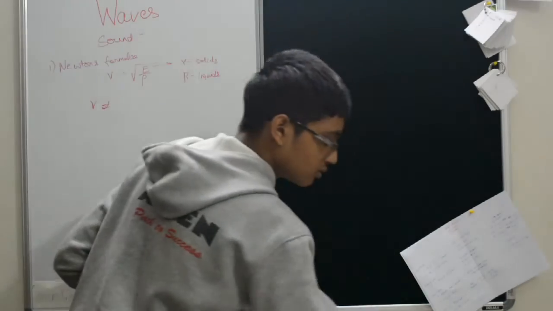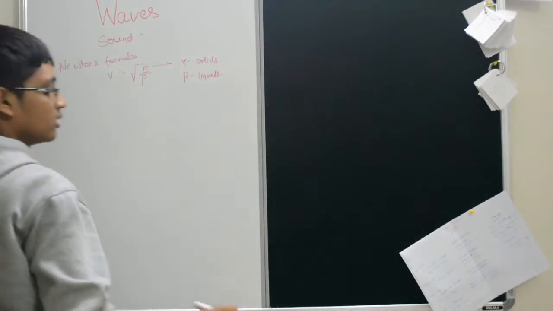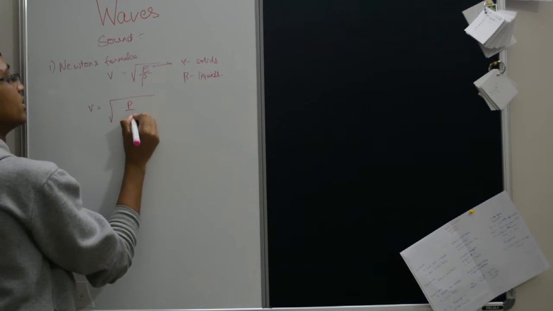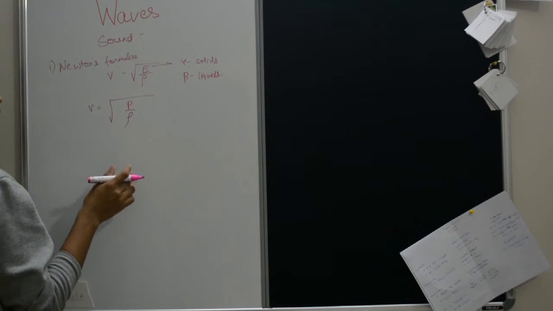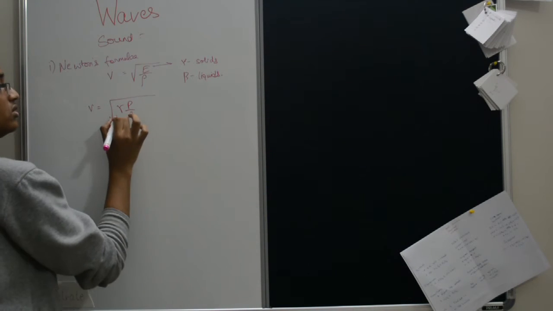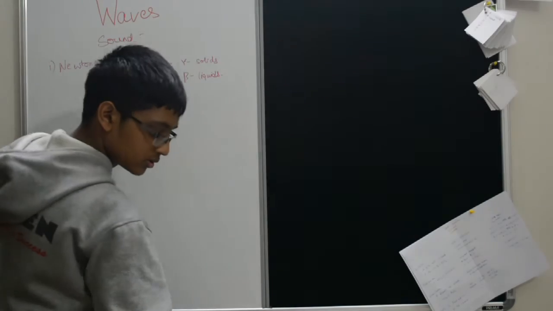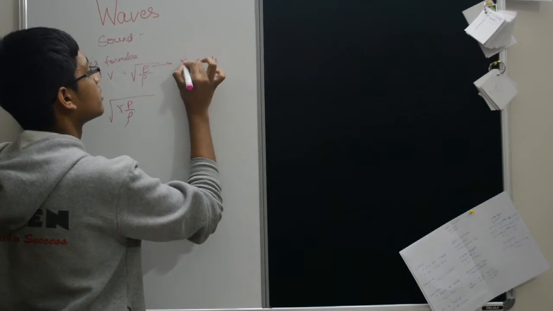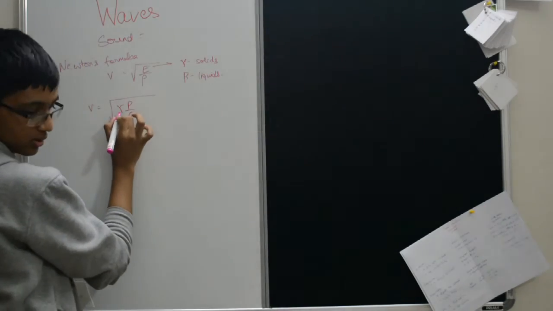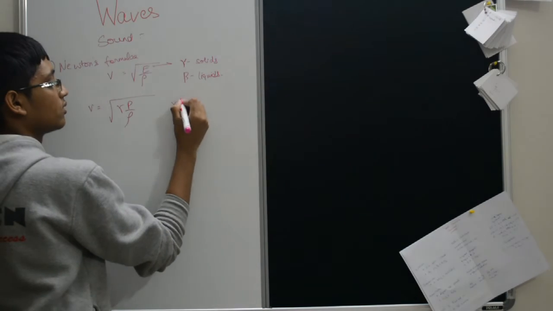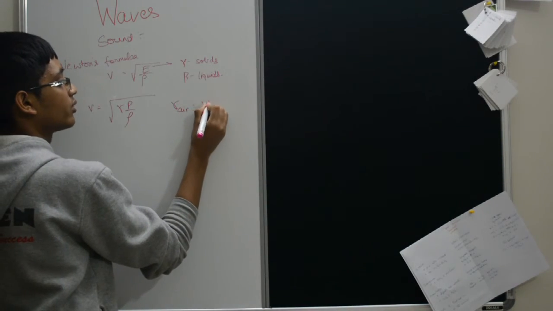What Newton did was he got the value as v = √(P/ρ). However, it was wrong and it had to be corrected by introducing γ here. For air, γ is equal to 1.41.